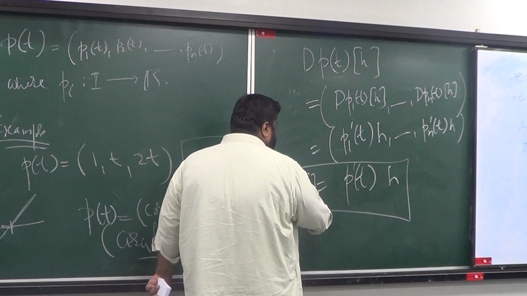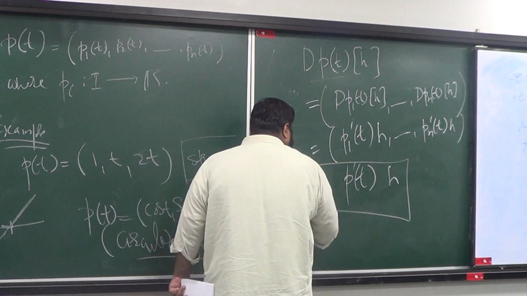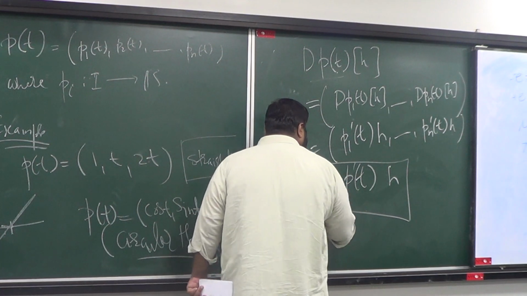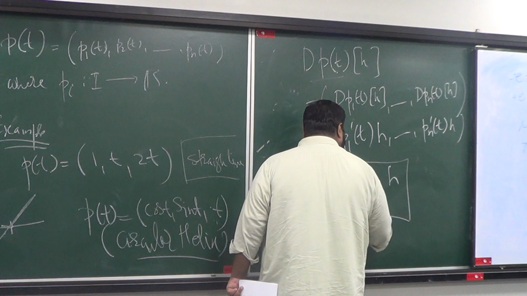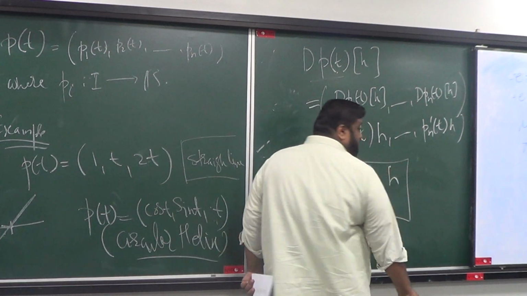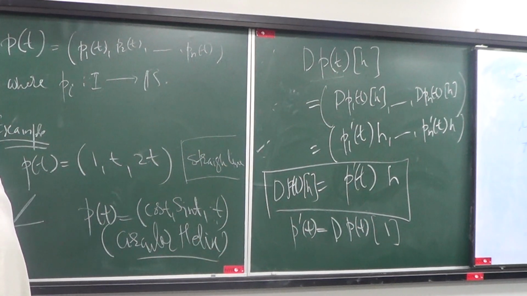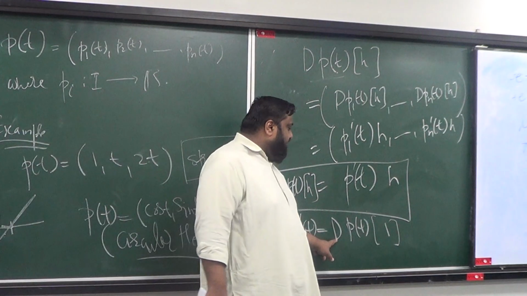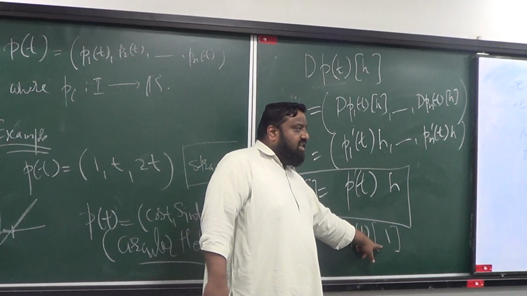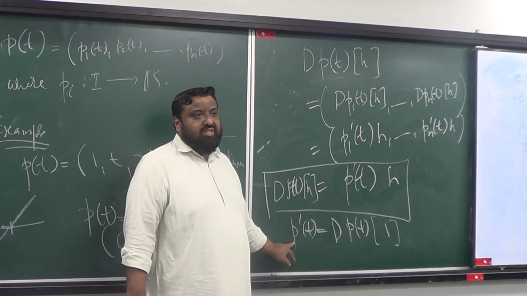Okay. If I substitute 1 here in the place of h, I can say basically p prime of t is just the Frechet derivative of the path evaluated at 1 in the dimension. So p prime of t can be written as... The good thing about this is that the Frechet derivative evaluated at 1 is giving you a vector derivative actually, a derivative of the vector with respect to the time.